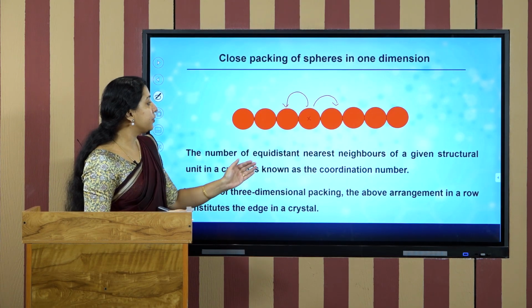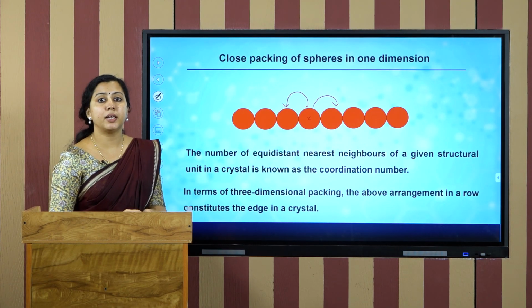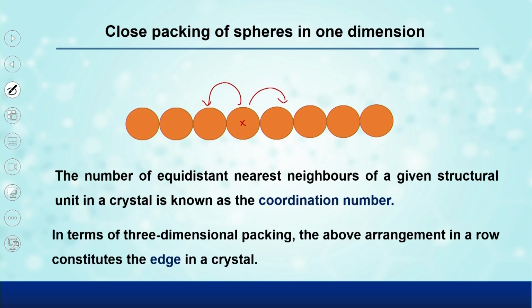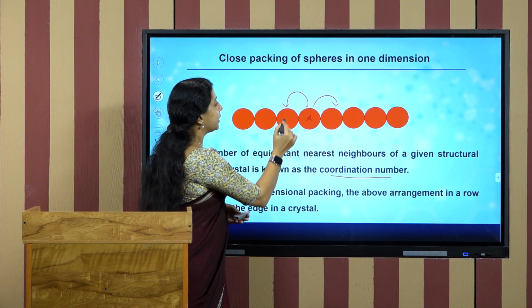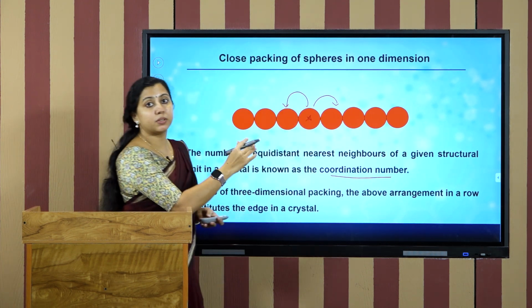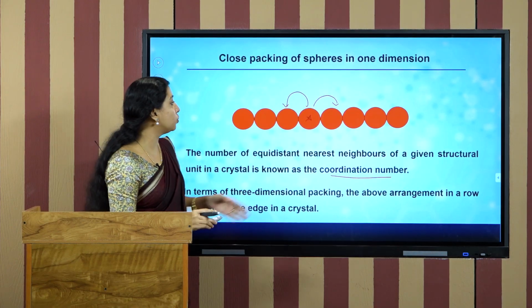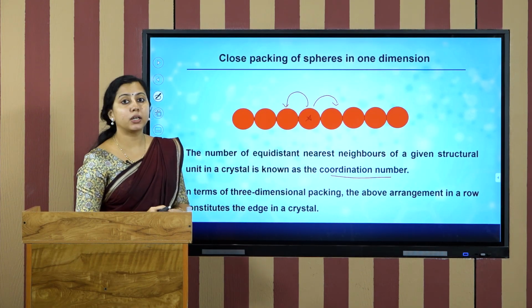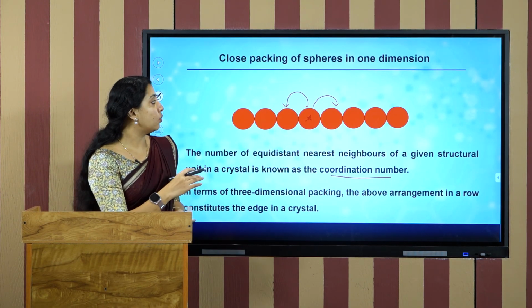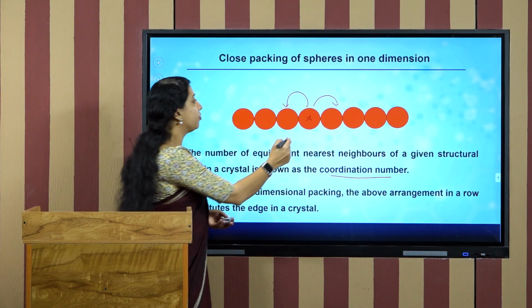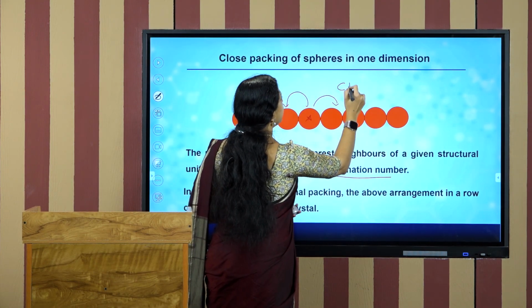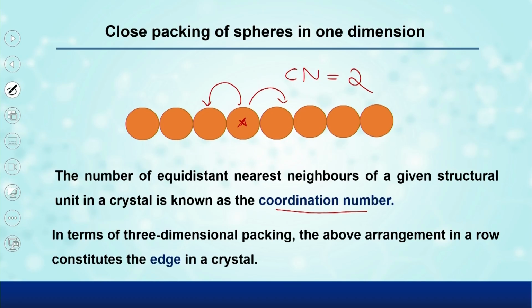The number of equidistant nearest neighbors of a given structural unit in a crystal is known as the coordination number. When we consider the sphere marked here, you can see that there are two adjacent spheres which are in close contact, that is two equidistant nearest neighbors. So, what will be the coordination number of this sphere? The coordination number will be equal to 2.